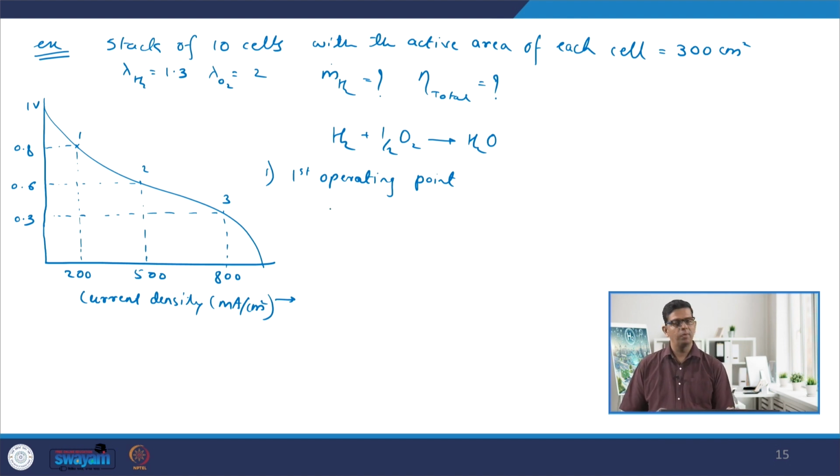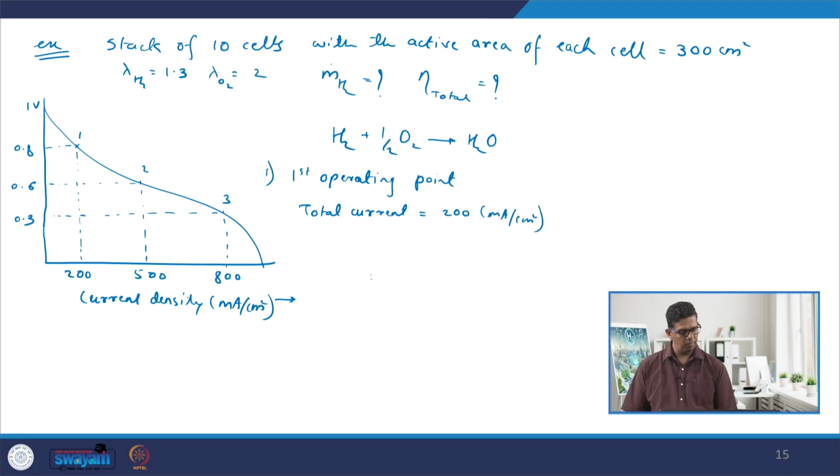Let us first find out the total current that is flowing in the stack. So, how do you find? The current is 200 milliamps per centimeter square.